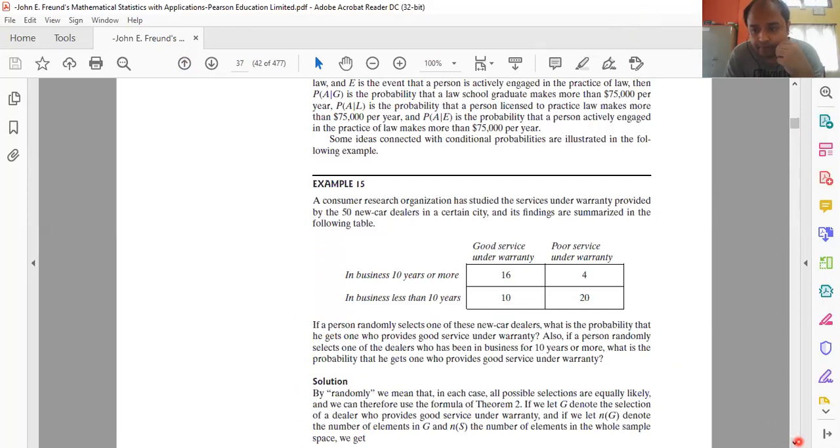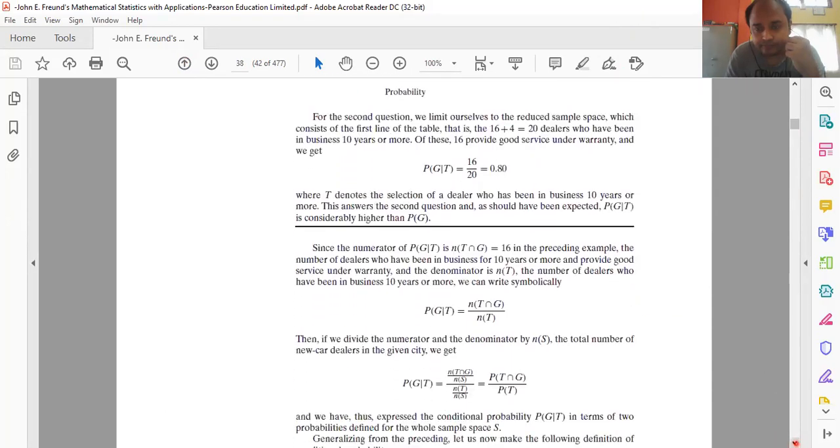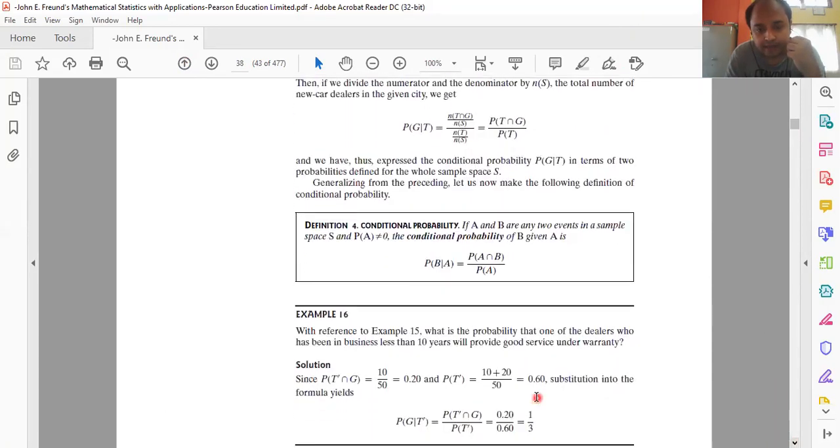Now, what is the probability that the person is in business for less than 10 years, providing good service under warranty? This probability is given by 10 by 50.